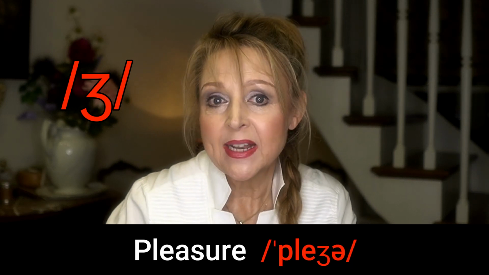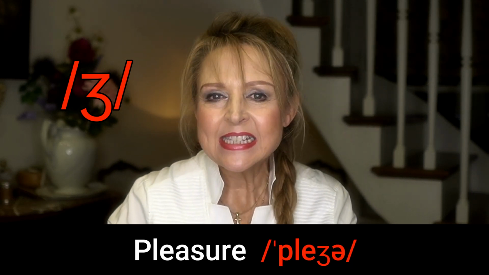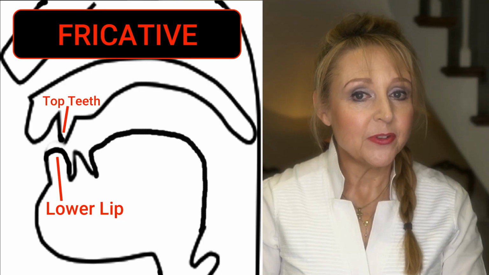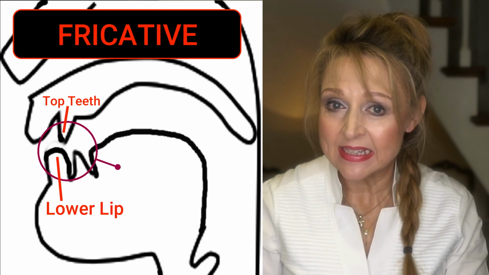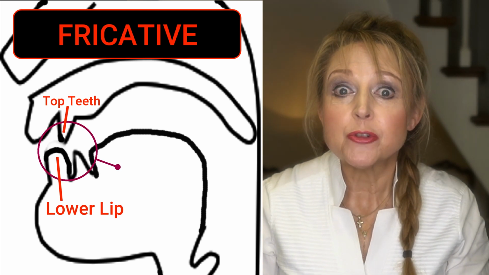Got it? So now let's move on to zh, as in the word pleasure. This sound is voiced and the tongue is in exactly the same place as ch and j on the Palato Alveolar. But the difference is it's a fricative. Remember, that means that the airflow is not completely blocked, but it's restricted.